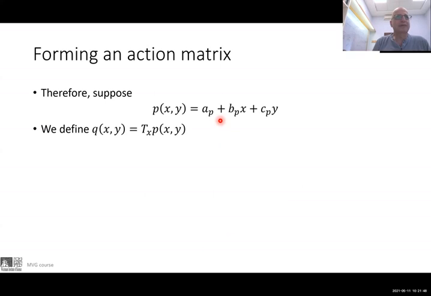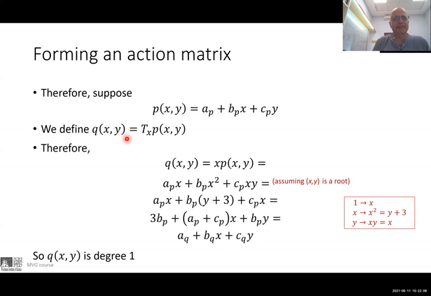So we started with a first degree polynomial. The coefficients, let's call them AP, BP, and CP. We multiply by x, we apply the operator Tx, and we get a new polynomial Q(x,y). We did the substitution, and following the substitution, Q is also a first degree polynomial. Let's see how.